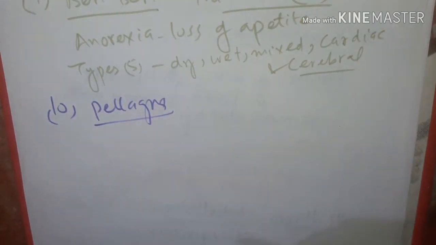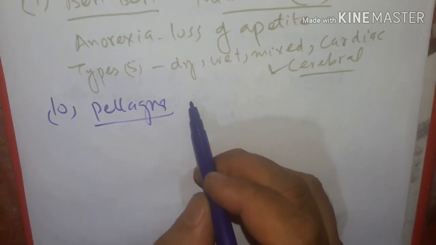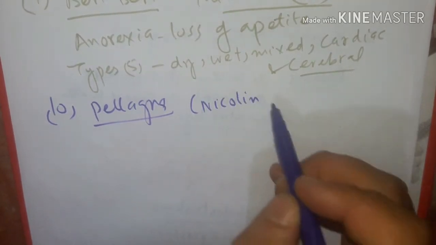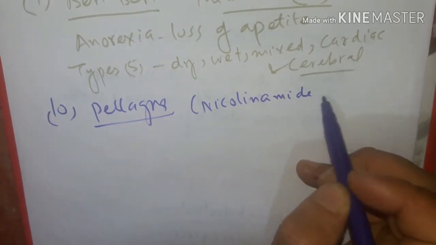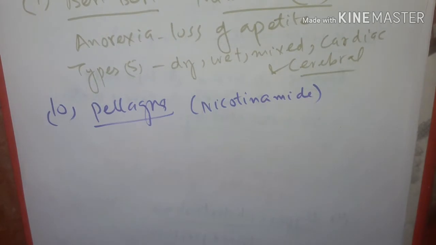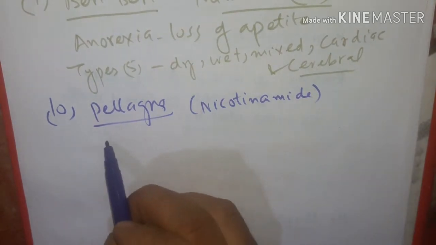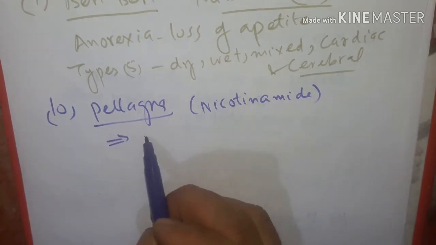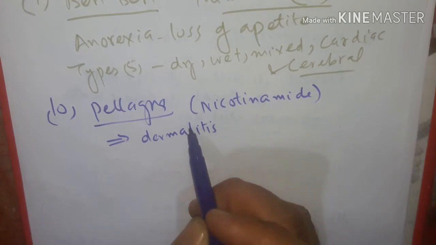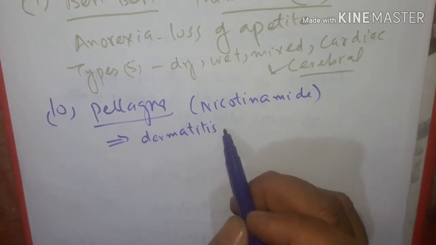The disorder is due to deficiency of the vitamin called nicotinamide, also called niacin, nicotinic acid. It is characterized by extra pigmentation, thickening, cracks, and eruptions in exposed regions of skin. That's what's called dermatitis.